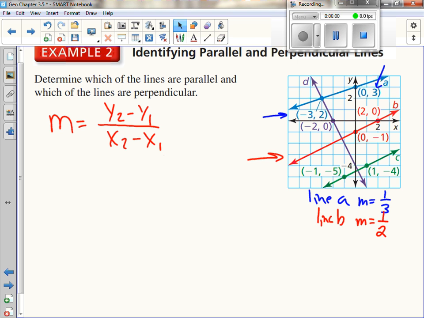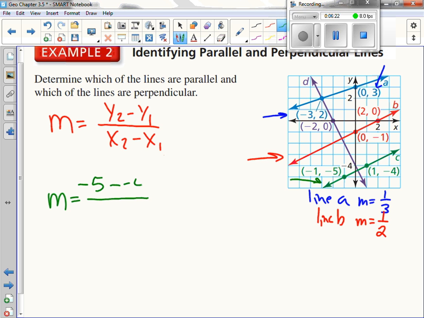I'm going to erase that there. Line C, down here, the one that's green on my screen. We're going to find its slope. So what am I going to write on top of this fraction here? What are our two numbers going to be? So we have -5 minus -4 over -1 minus 1. Since -5 went first, its x value has to go first.